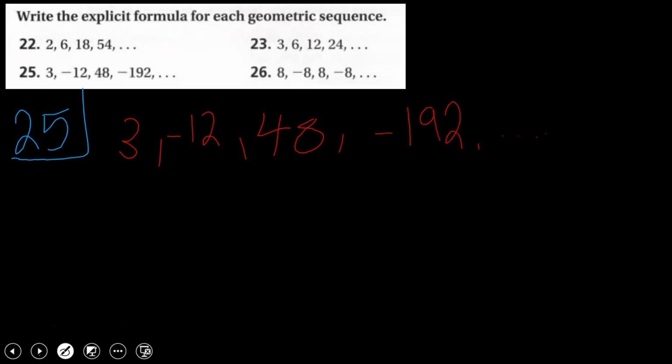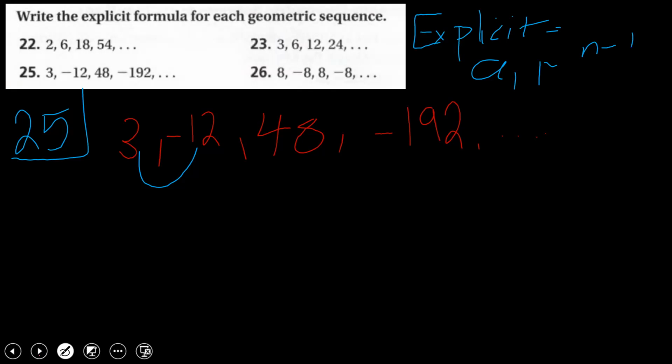He told me it's geometric, so let's find the ratio. Why? Because to find an explicit formula, I need A sub 1 times r to the n minus 1. A sub 1, the first term, is given, so I need r.